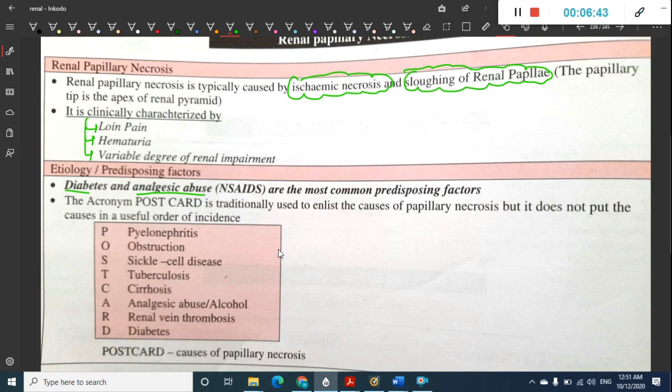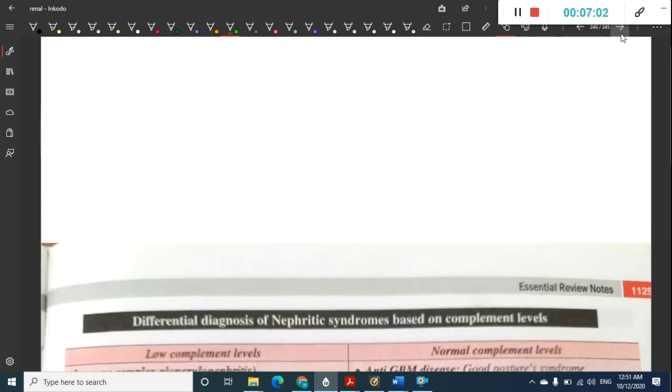All these cause renal papillary necrosis.